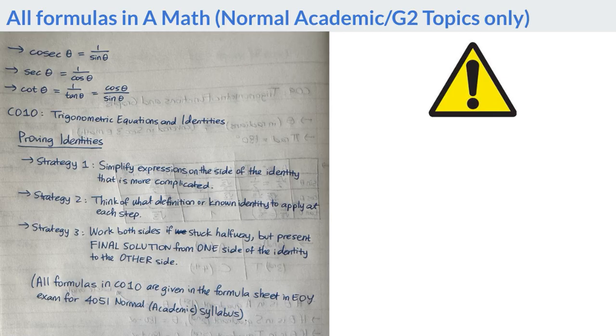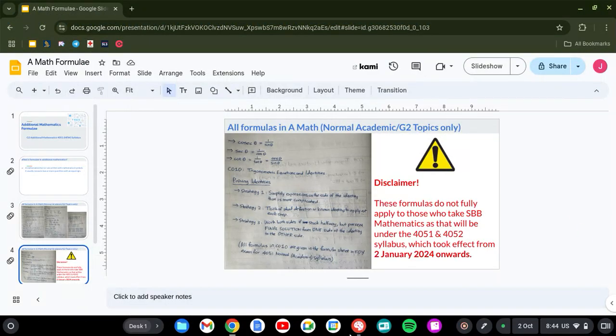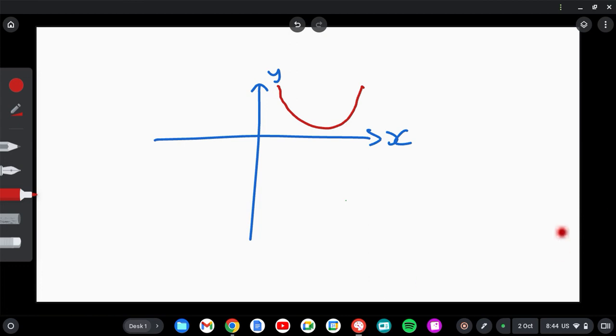What do I mean? It means that, for example, if I have this, something like this.